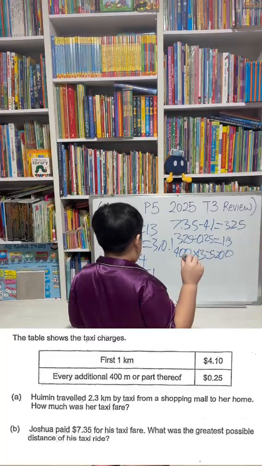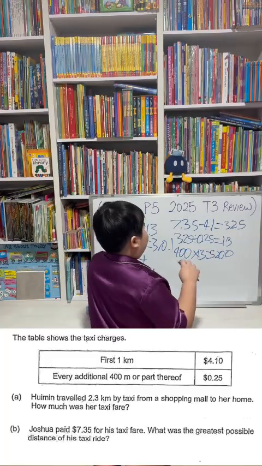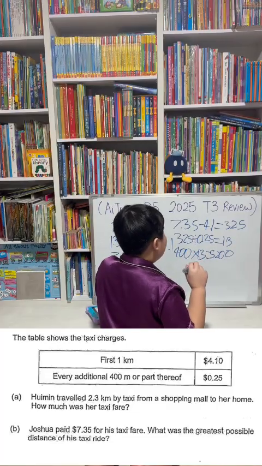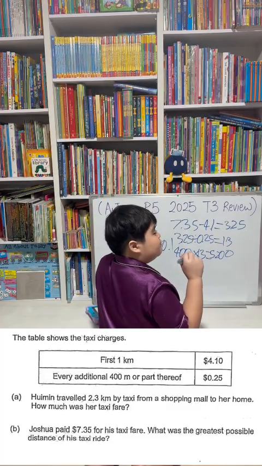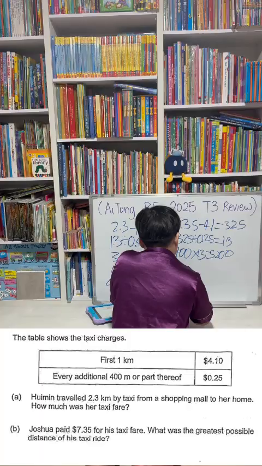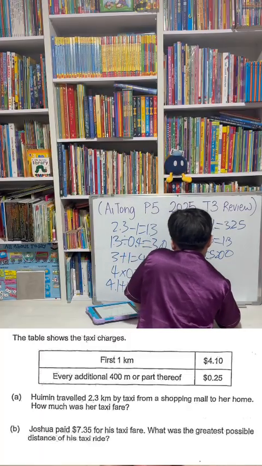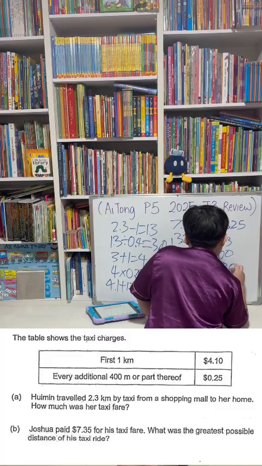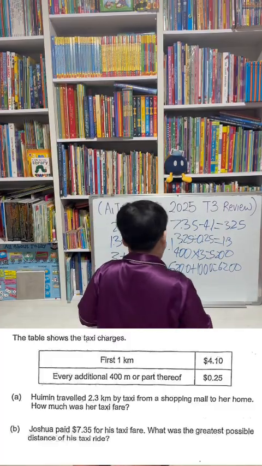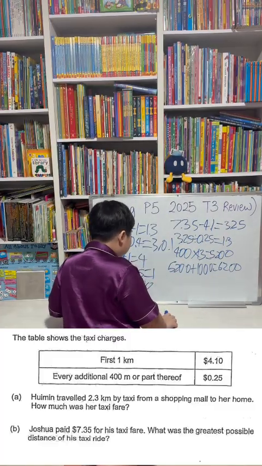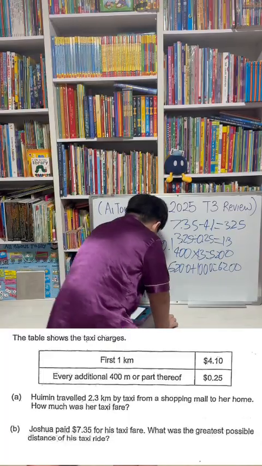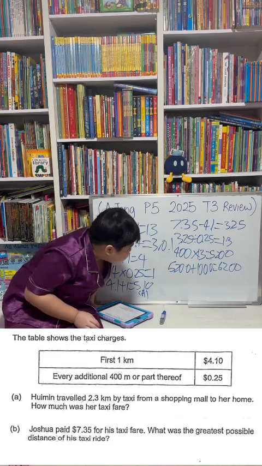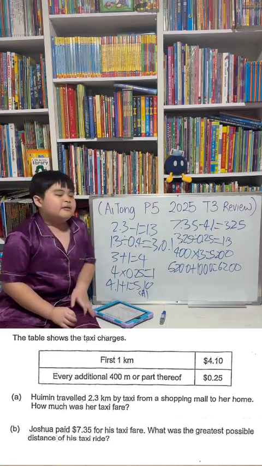Finally, we need to add the first 1 kilometer that we took out earlier. 1 kilometer is 1,000 meters. So we do 5,200 plus 1,000 equals 6,200, and 6,200 meters equals 6.2 kilometers. So the greatest possible distance of Joshua's taxi ride is 6.2 kilometers.